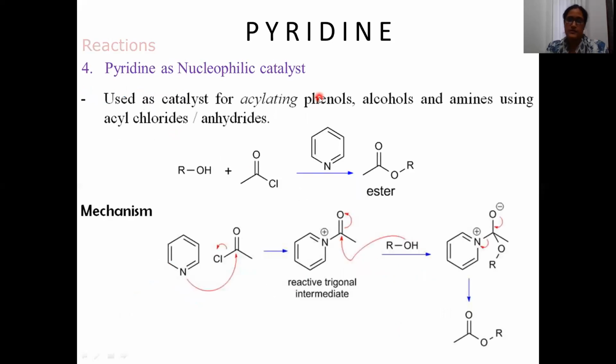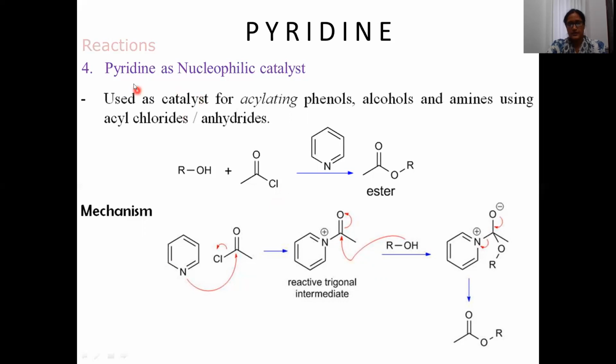Next reaction is pyridine as a nucleophilic catalyst. Sometimes various synthetic processes for the medicines or various drugs are carried out in the presence of pyridine as a catalyst.